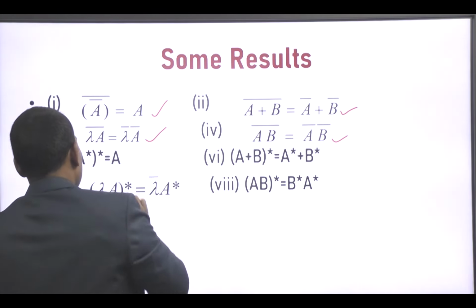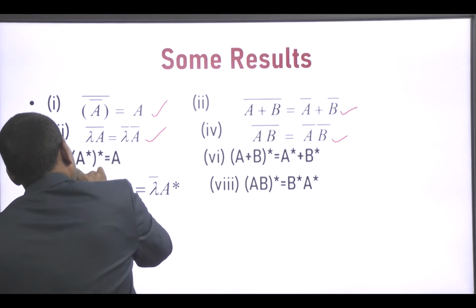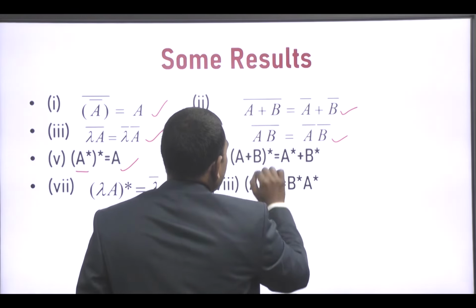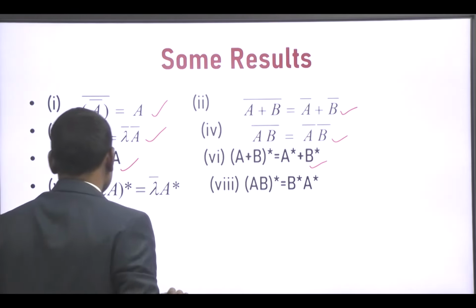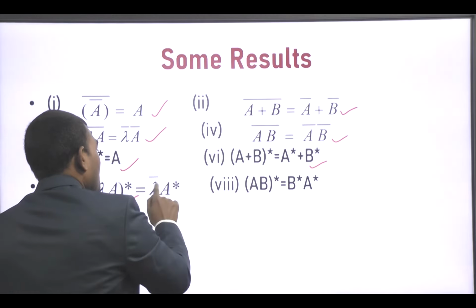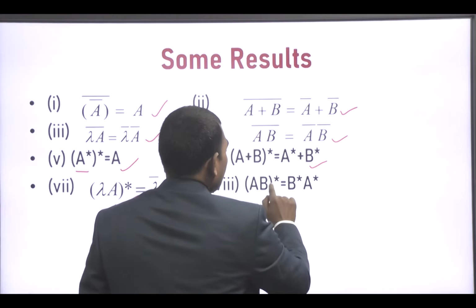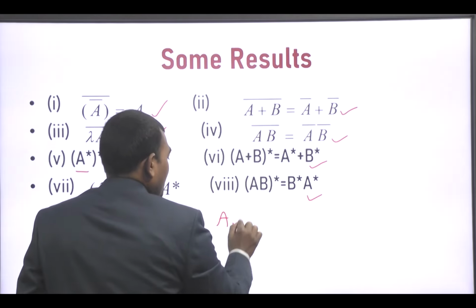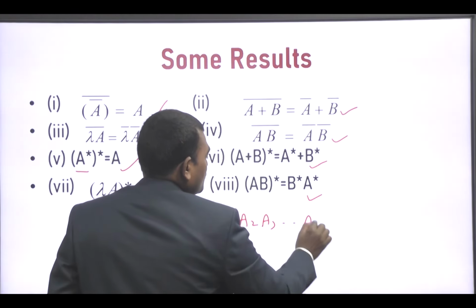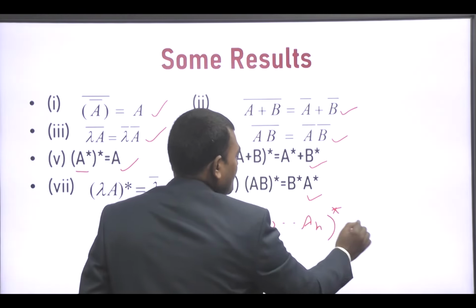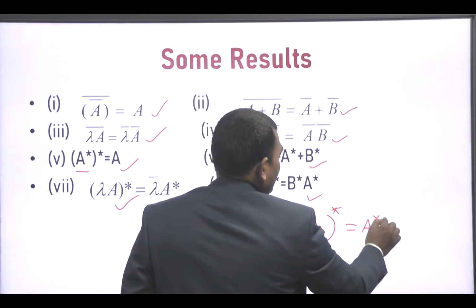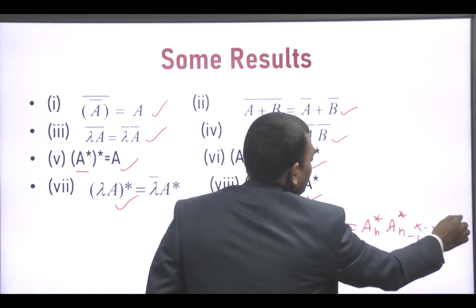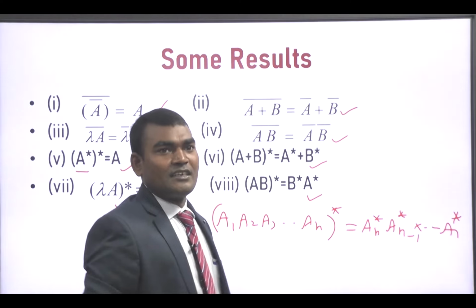And if we take A star whole star, then it will be the same matrix A, and A plus B star is A star plus B star, and lambda A star is equal to lambda bar into A star, and A B whole star is equal to B star into A star. In general, A1, A2, A3 and so on up to An whole star is equal to An star into An minus 1 star, and so on up to A1 star. It is also correct in general.